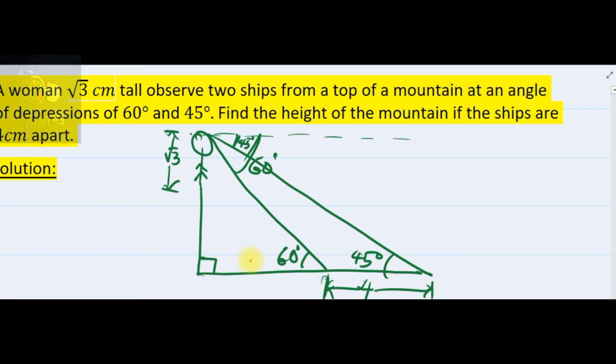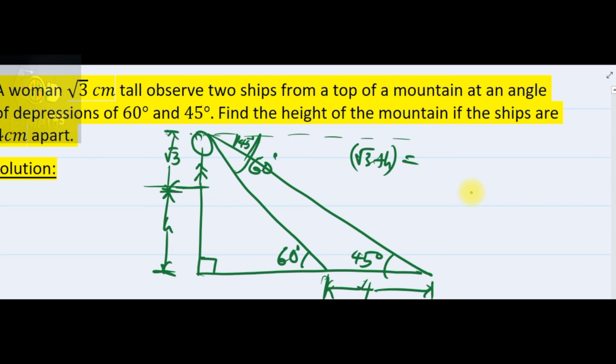So the next thing is, this is the mountain. Remember, let the height of the mountain be h. So let's solve. You notice that the total height is root 3 plus h. Do you remember this is 60 and 45?